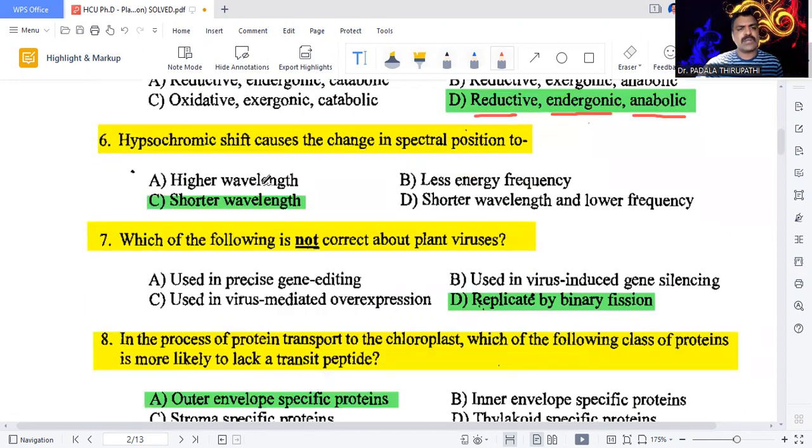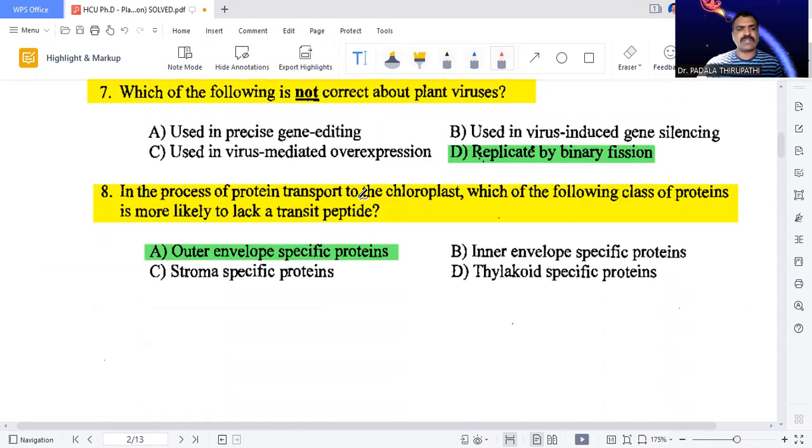Then the next question: hypsochromic shift causes the change in spectral position to shorter wavelength. That is shorter wavelength.